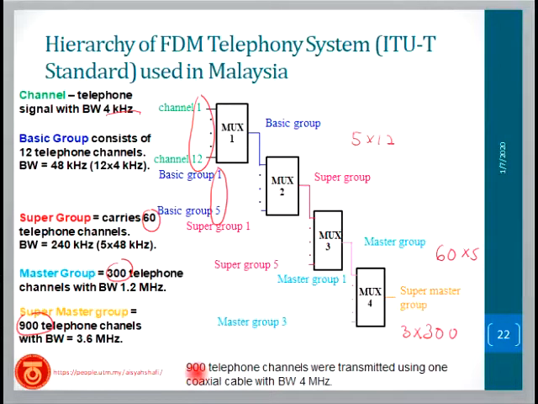So 900 telephone channels are transmitted using one coaxial cable with a bandwidth of 4 MHz. So there are 900 telephone channels for one cable.